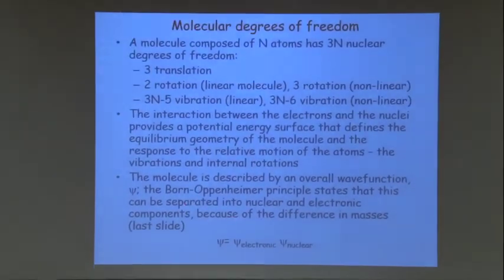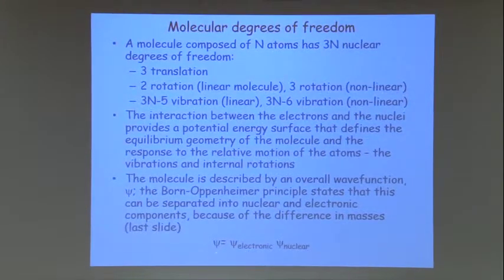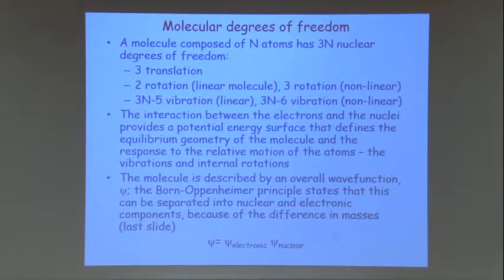Molecules are described by the Born-Oppenheimer principle, which allows us to say the total wave function is going to be a product of an electronic wave function and a nuclear wave function. There are some interactions, but this, by and large, is a very good approximation to make.